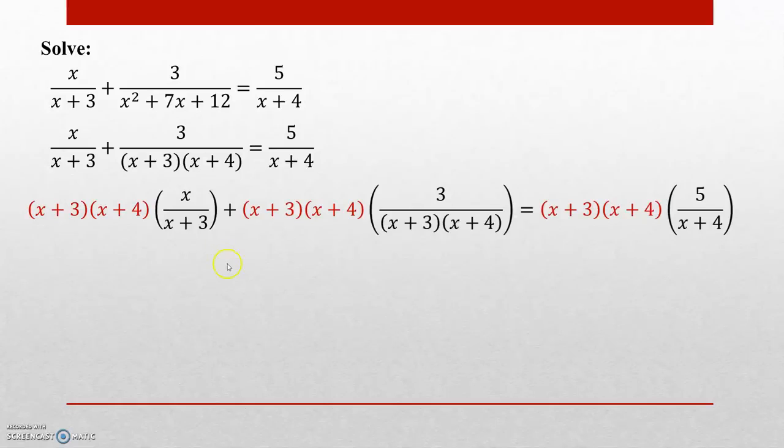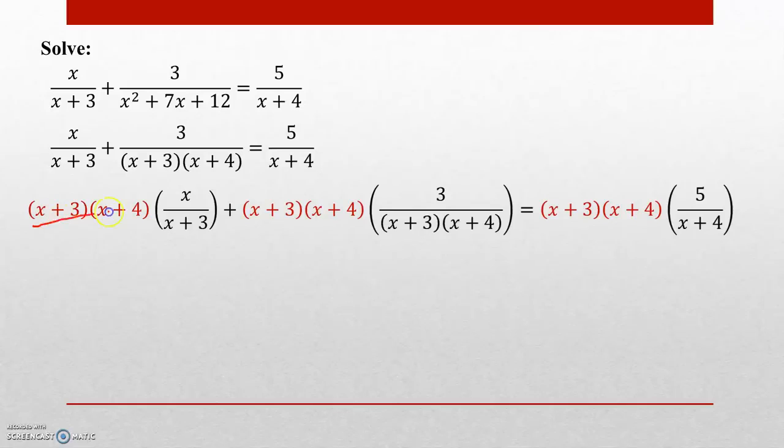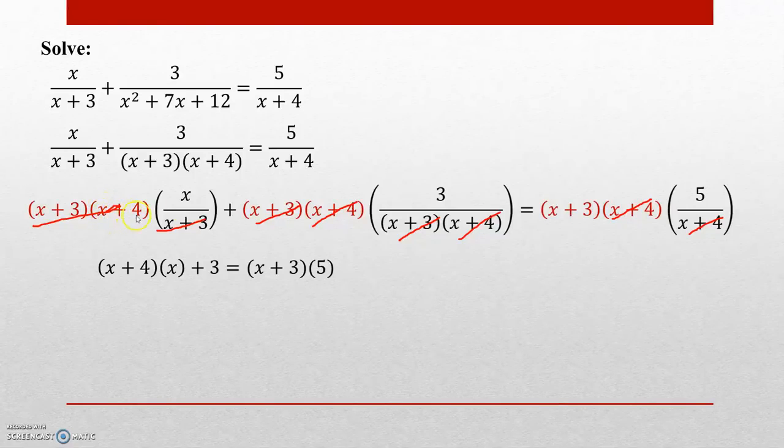Para pwedeng i-cancel out yung x plus 3 dito. At dito naman, parehas mawawala. And then, ito naman, x plus 4. So, what is left now is x plus 4 times x plus 3 equals x plus 3 times 5.